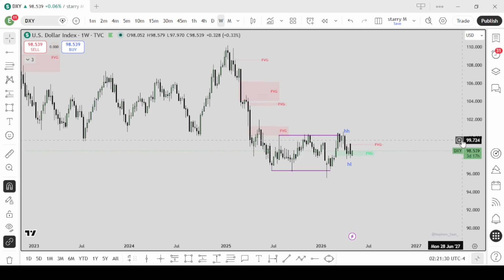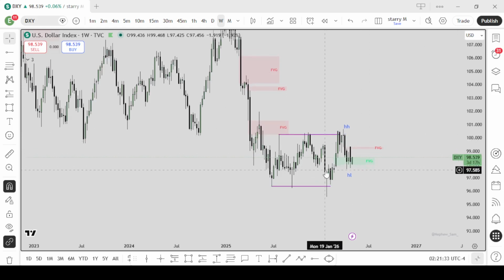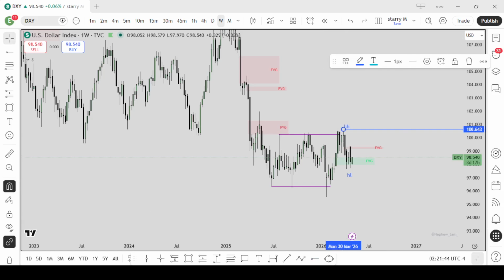We just mitigated a fair value gap on the weekly. Now we are looking to buy up until I would like to see the price come here. Come to this high.